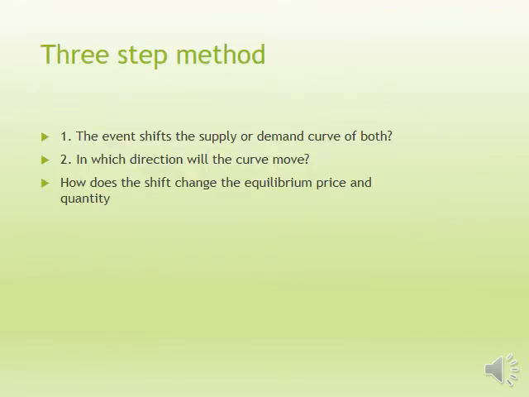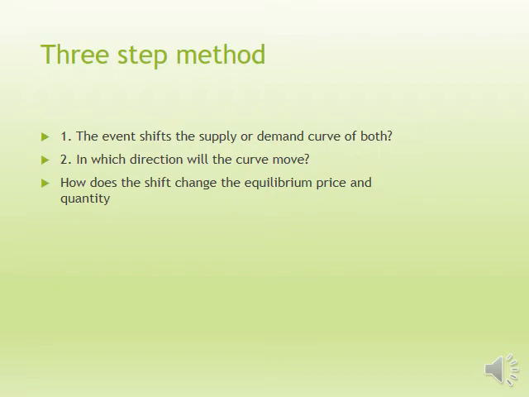So, how are you going to answer questions that you get in the assignment or in the exam? Well, remember, it's a three-step method. First off, you are trying to determine what is leading to a shift in supply or demand. What events are happening? Is it affecting supply or demand, or is it affecting both?